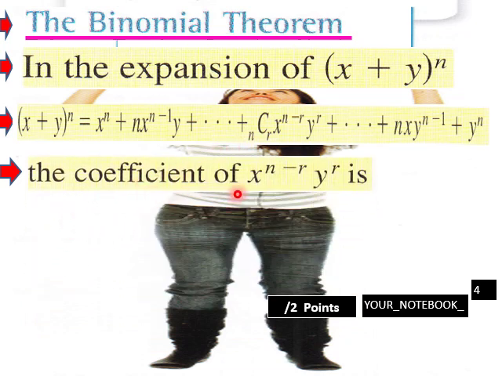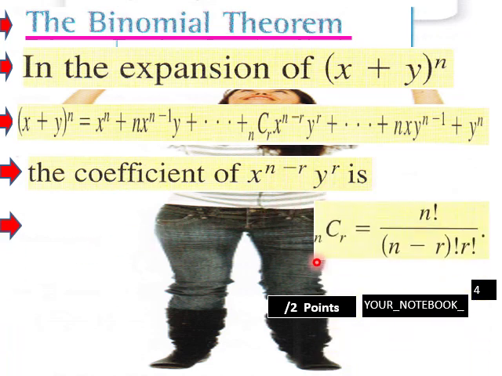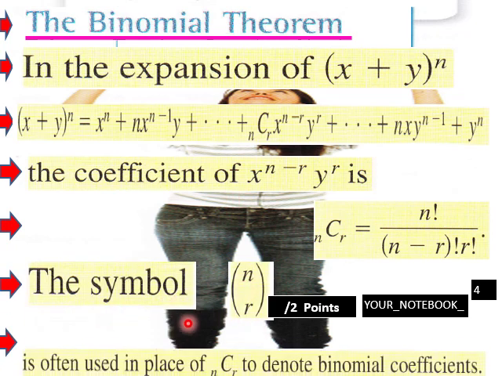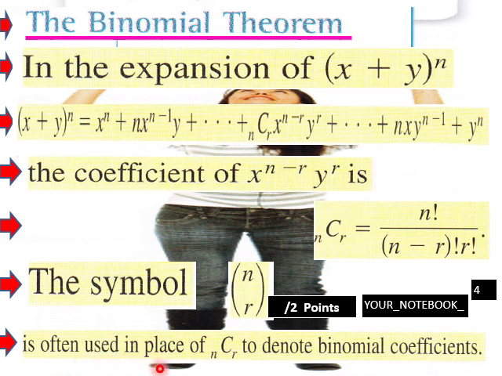The coefficient of x to the n minus r y to the r is nCr equals n factorial over n minus r factorial times r factorial. Again, a little bit more symbolic language. The symbol n over r is often used in place of nCr to denote binomial coefficients.